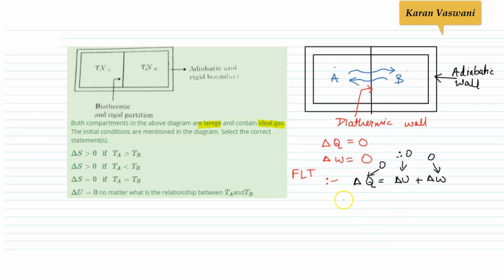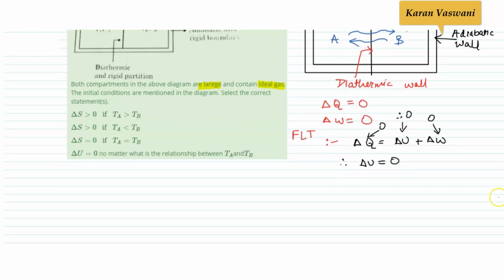It means no energy transfer will be taking place between them. So the correct option from this can be option D: delta U is equal to 0, no matter what the relation between TA and TB is. So this will be correct.